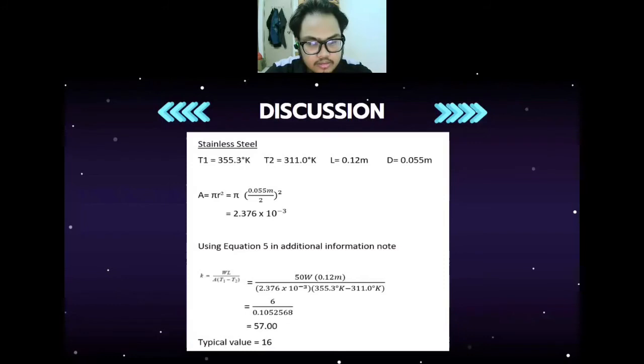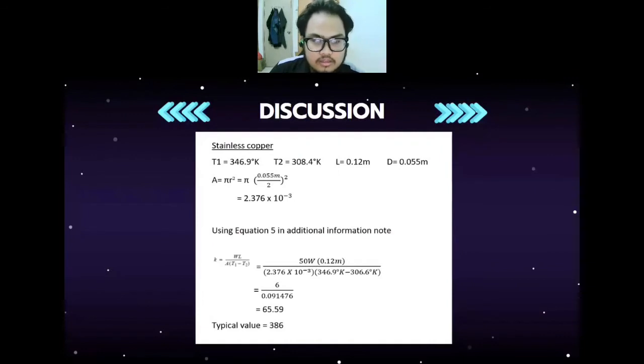Then we calculate the thermal conductivity value for the stainless steel using 50 watt times 0.12 meter over area times the temperature difference. We get 57 for the thermal conductivity of the stainless steel. The typical value for stainless steel is 16.